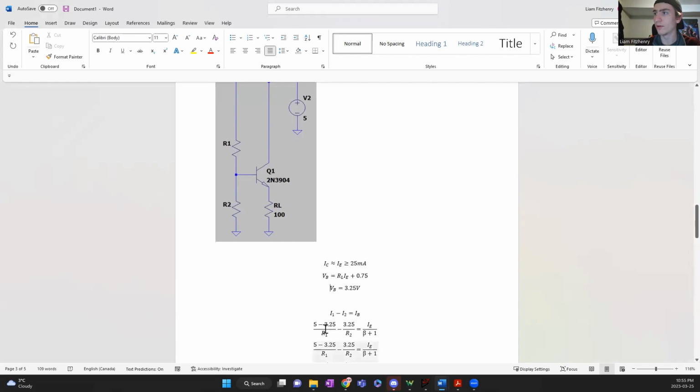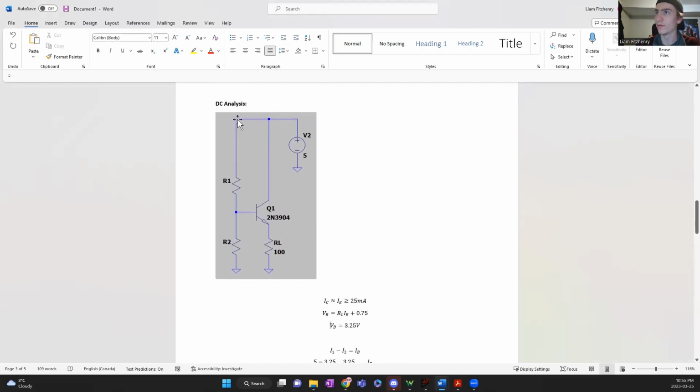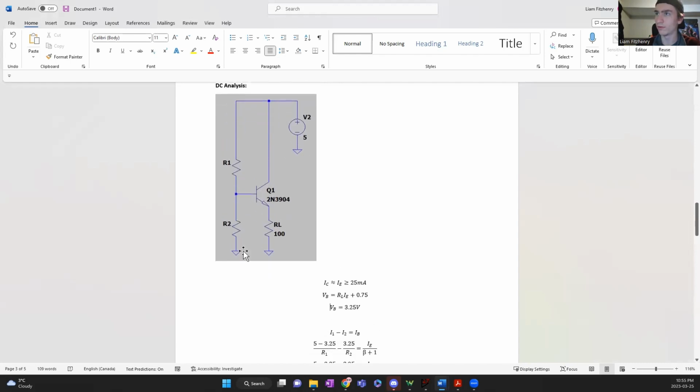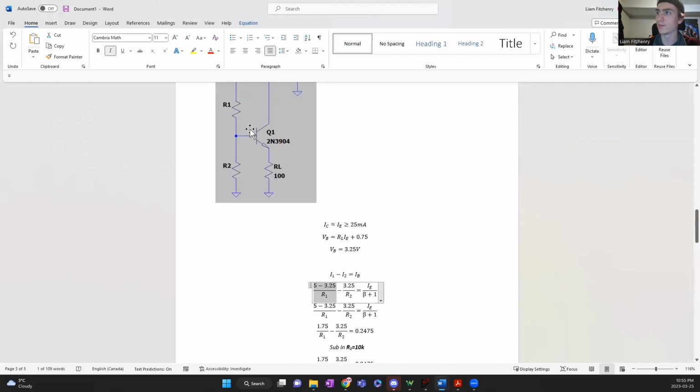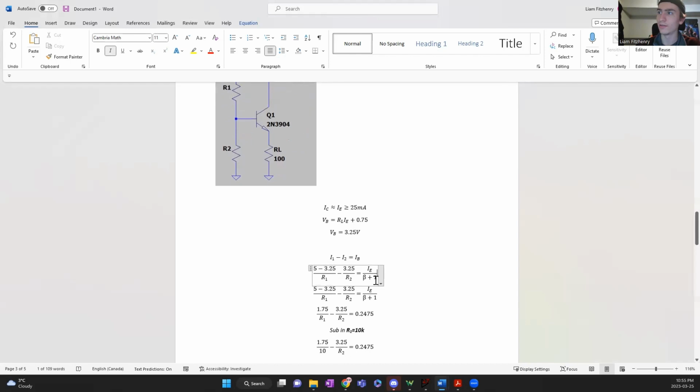So using Ohm's law here, we know that this node is 5 volts, this node is 3.25 volts, this node is 0. So we can say that I1 is 5 minus 3.25 over R1, I2 is 3.25 over R2, and then this base current here is IE divided by beta plus 1, by the amplification characteristics of a BJT.